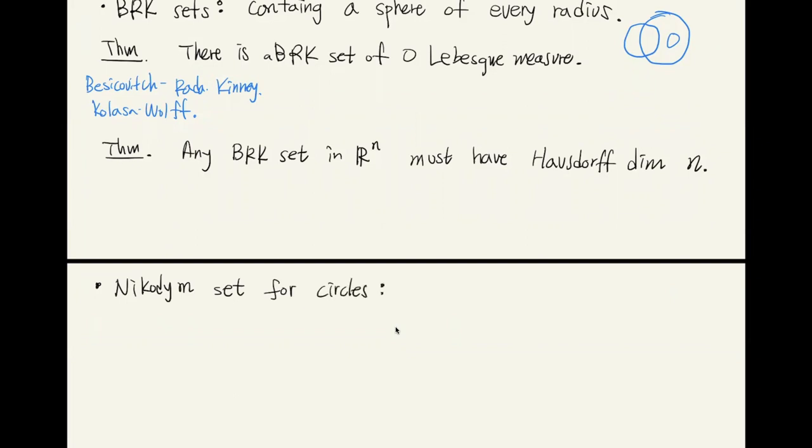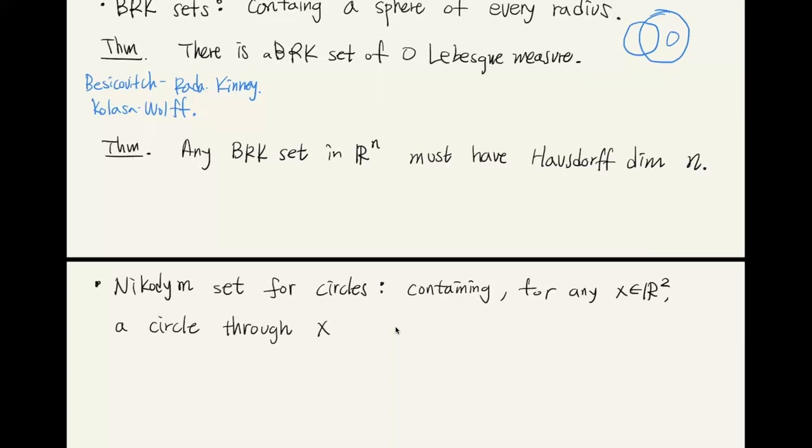So this is a set of R2 containing, for any point on the plane, a circle through the point, except possibly for the point X.